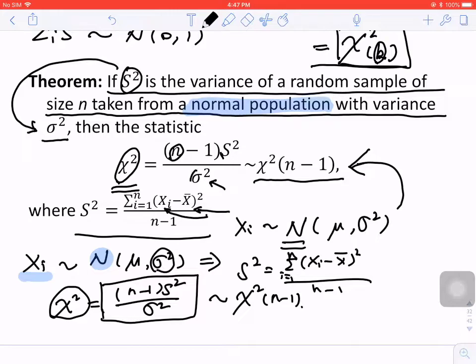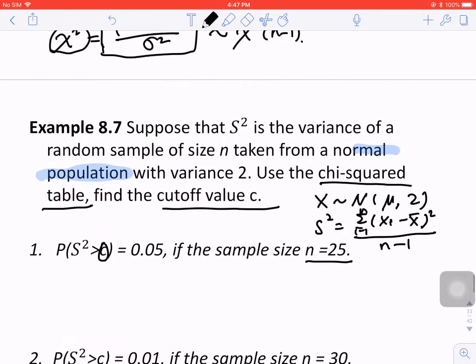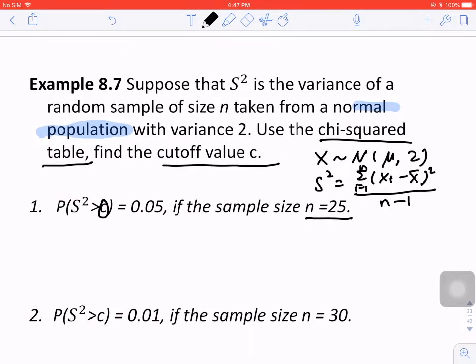If you go back to this theorem, you're going to find here we have n, we have sigma squared, and S squared, and the probability of S squared is what we want. This whole stuff follows the chi-square distribution, so I'm going to construct this chi-square statistic using S squared.